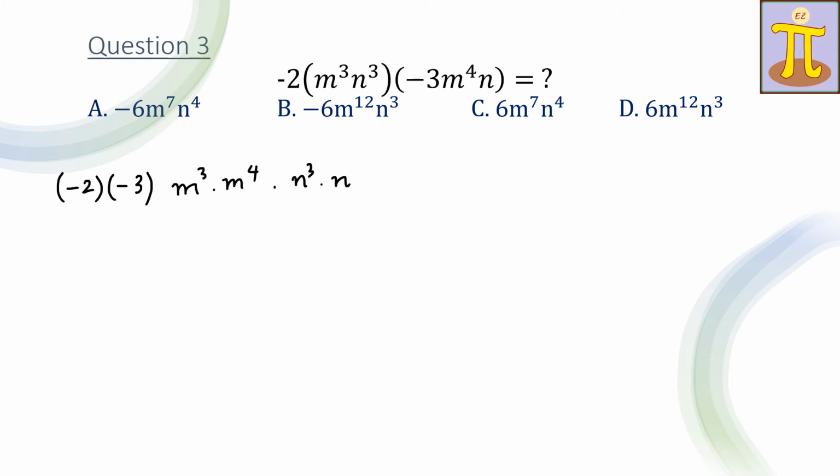In this case, n by itself is n to the power of 1. So negative 2 times negative 3 is 6, because we have to remember the rule: a negative number multiplied by a negative number will equal positive.